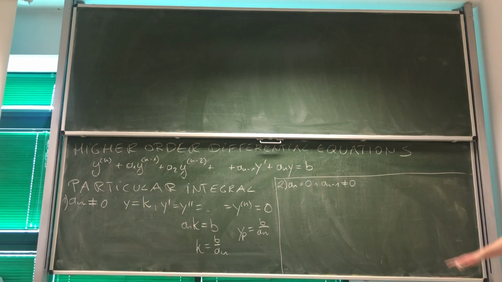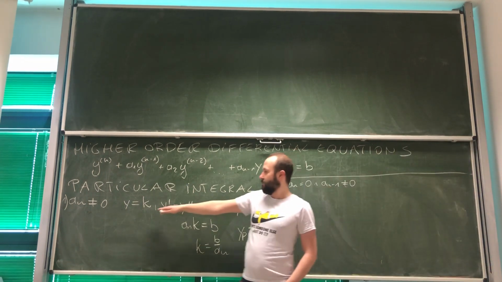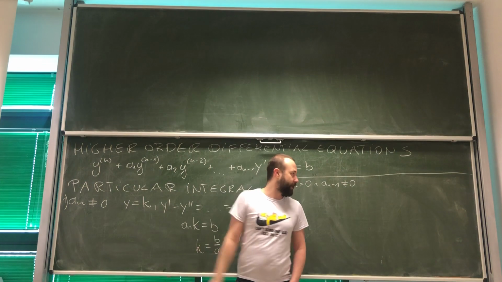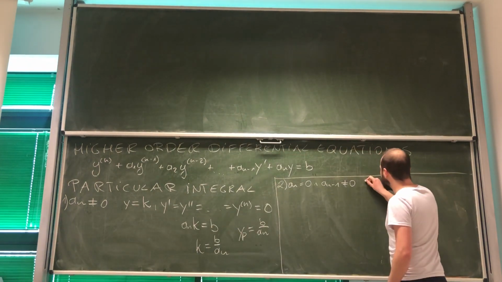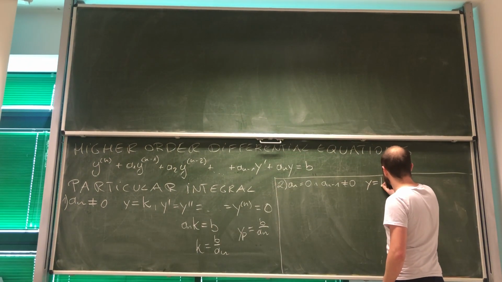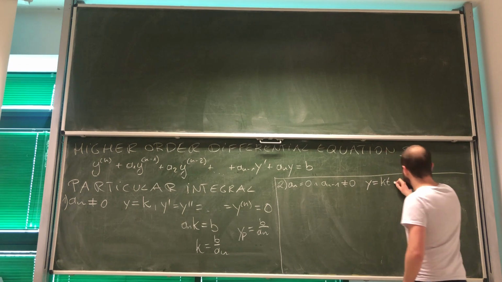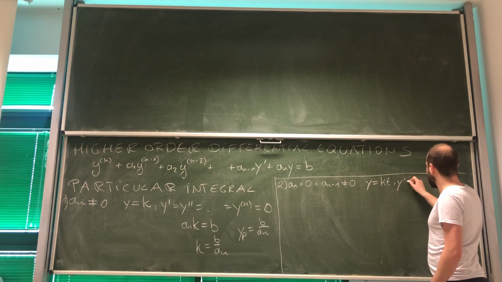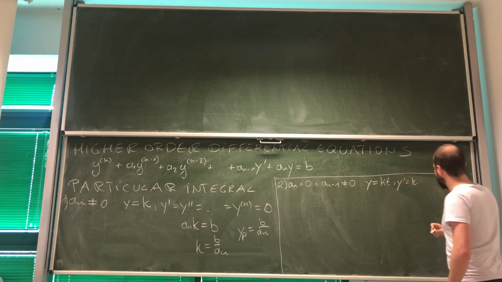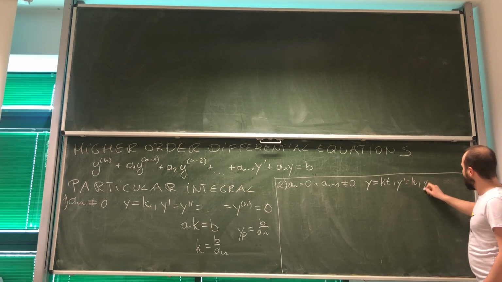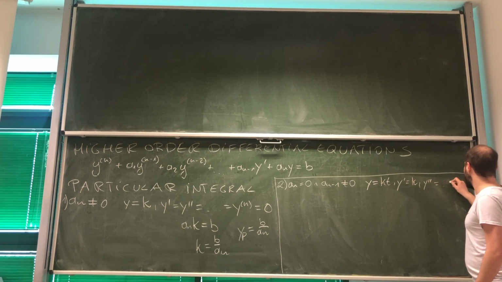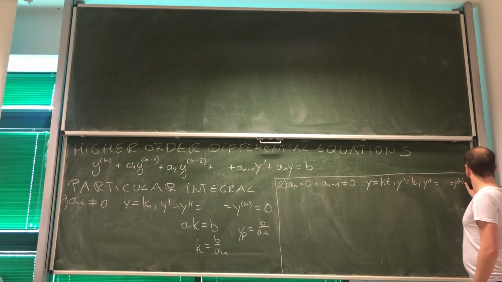Well, we know that this solution is no longer going to work. So we choose the second easiest solution. We choose k times t, which means that y prime, in this case, is k, while y double prime, as any other derivative, is equal to 0.